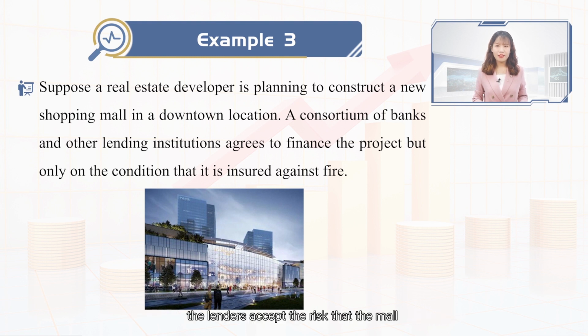That is, the lenders accept the risk that the mall might not be a commercial success, but they do not accept the exposure of their investment to the risk of a fire. The existence of specialized insurance companies that accept the risk of fire makes possible the financing of the new shopping mall. That's all about economic efficiency in risk transfer.